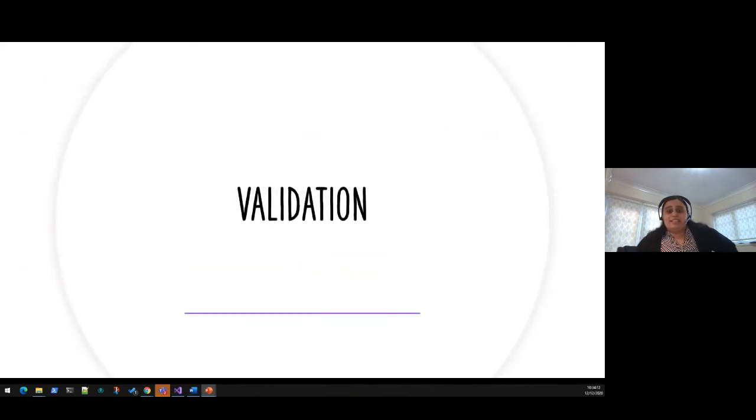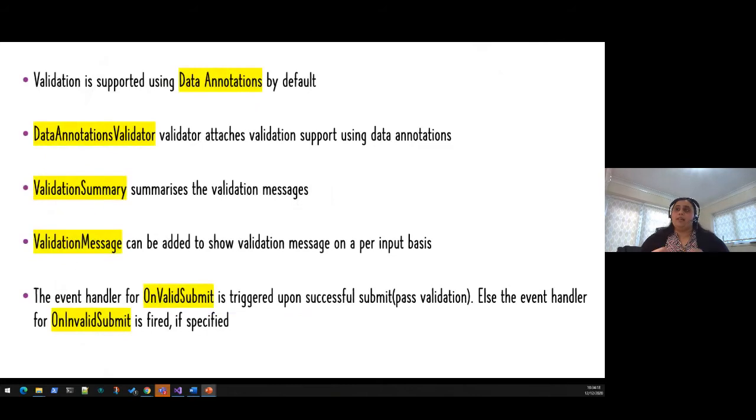With forms, validation is a must. So let's have a look at how validations work in Blazor before we see a form in action. By default, validation is supported using data annotations in Blazor. So if you have done MVC previously, data annotations might be a topic which is familiar to you.